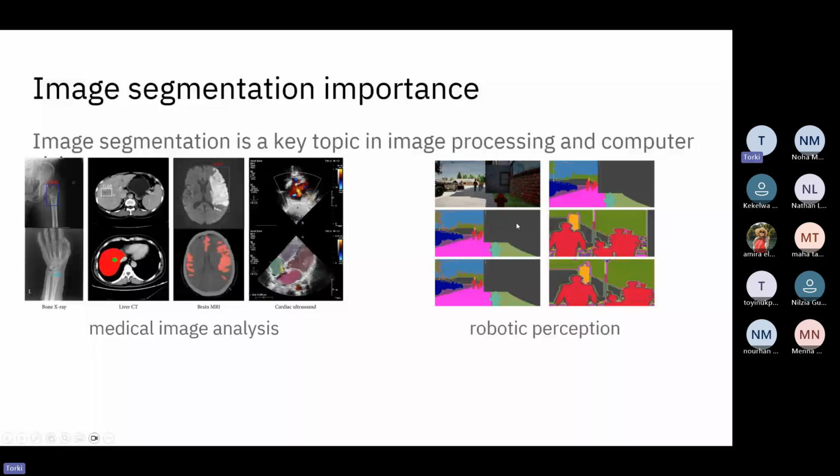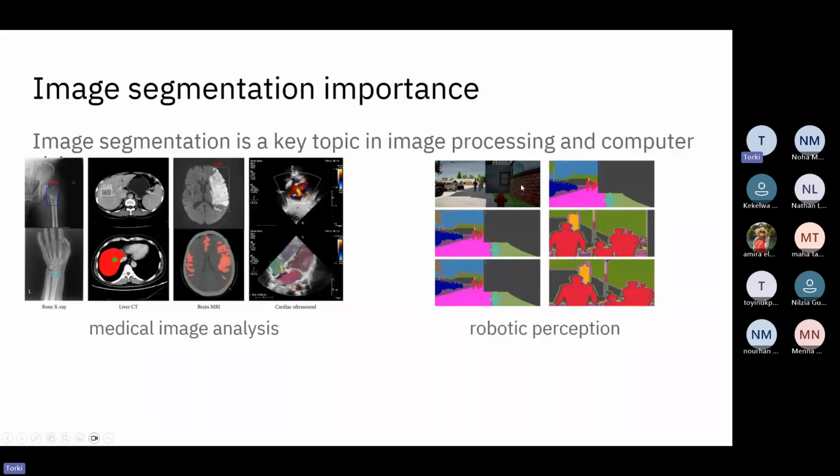Semantic segmentation means that every pixel in the image should belong to some semantic class. And this semantic class is defined by the problem owner. So we would like to look for something that is present in the image, and we would like to identify which pixels belong to that class.